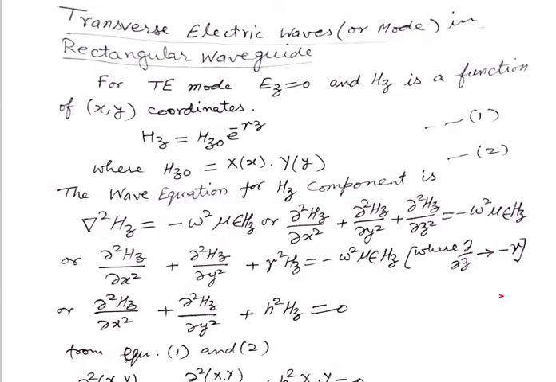The wave equation for the z component, as already derived in our previous lecture, is given by del square Hz equal to minus omega square mu epsilon Hz.